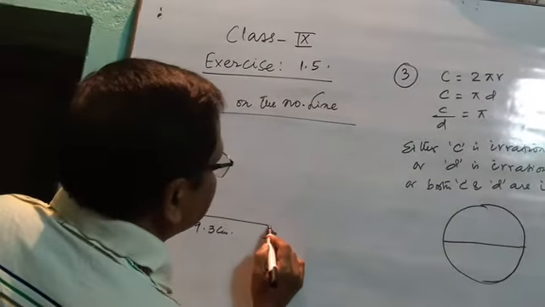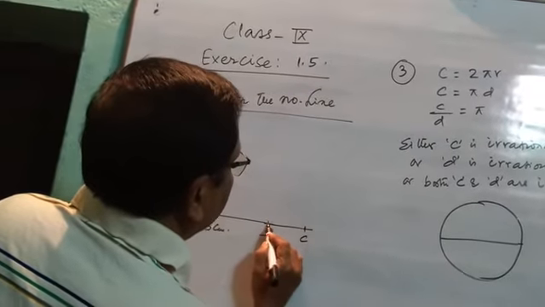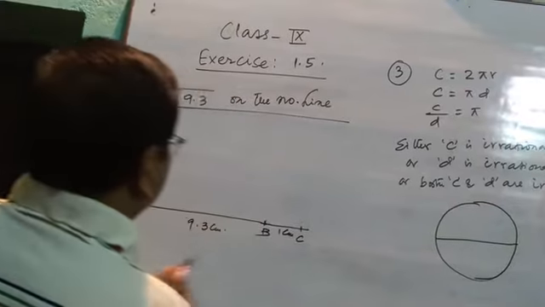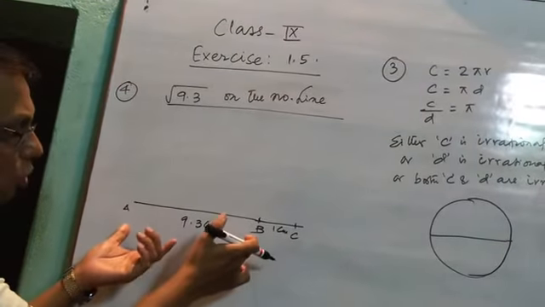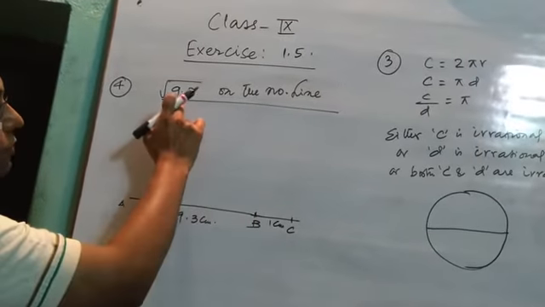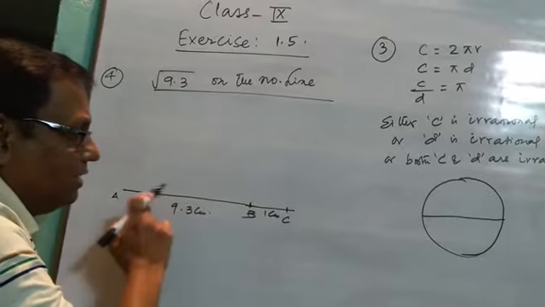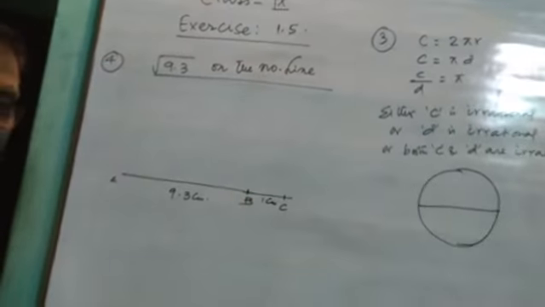You produce this line segment up to C such that BC equals 1 centimeter. So what is the step I am again telling you? First draw a line segment AB of the measure of 9.3 centimeter. You produce this line segment AB up to C such that BC is 1 centimeter.